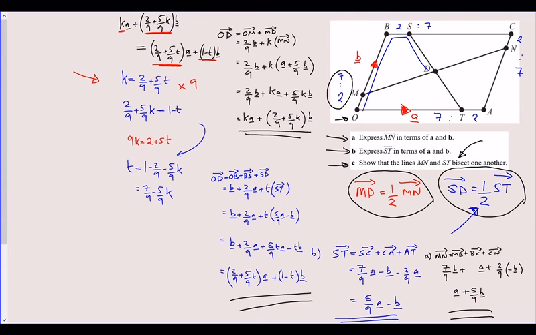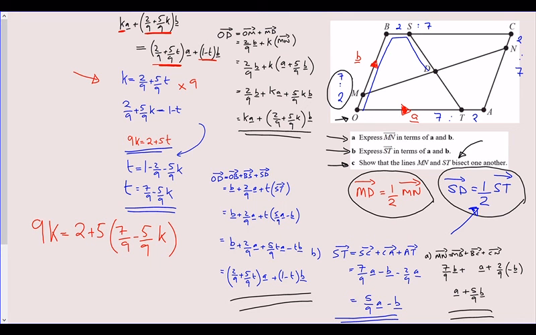So I've got the two equations now, t here and this. So I'm now going to substitute the t into this equation here. So I've got 9k is equal to 2 plus 5 lots of 7 over 9 minus 5 over 9k.